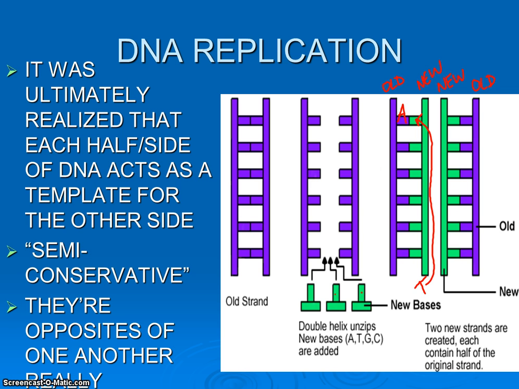And the best part, if that old one was an A, we brought in a T. That means the other old side was a thymine. We had to bring in an A. And what you'll notice is that our strands are going to end up being absolutely complementary to one another. Perfect. Two exact identical copies.